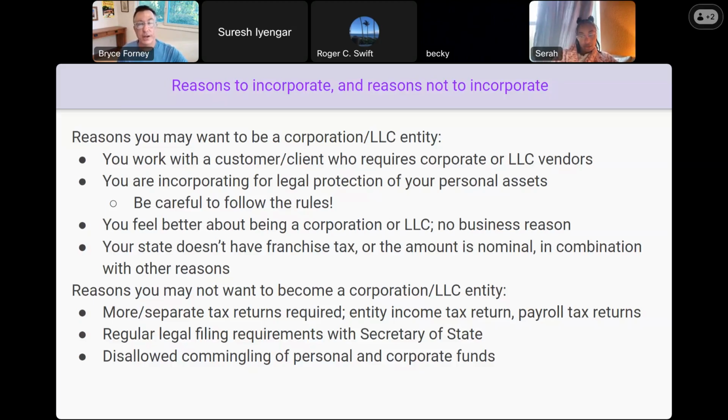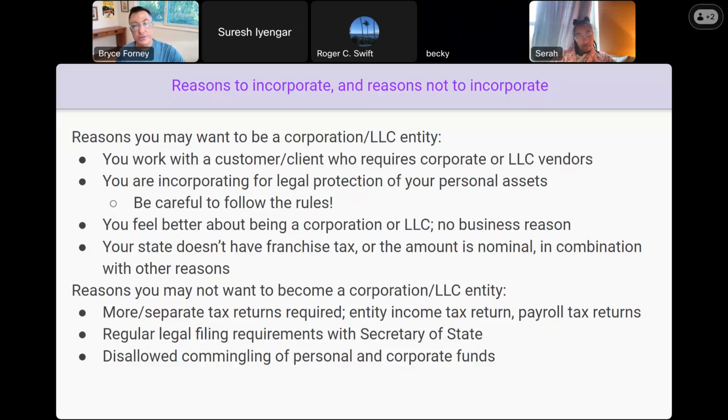For an LLC, they have that ability as a sole owner, but they may also forget to file a statement of information that they have to do every couple of years. They may forget to write corporate minutes once a year, or some other legal requirement of being a corporation, like having a board meeting.